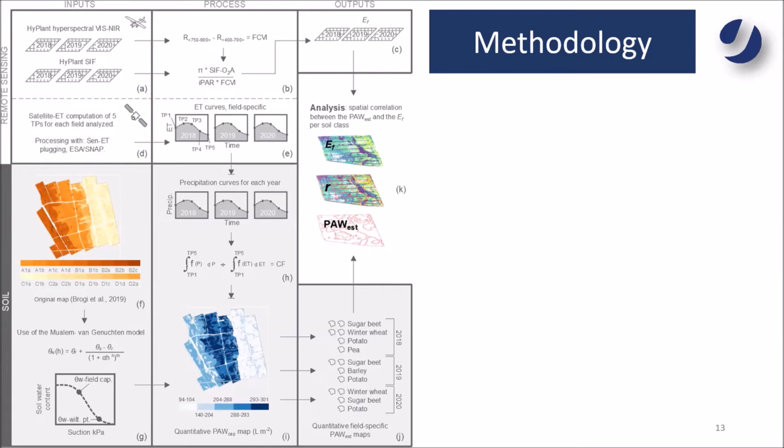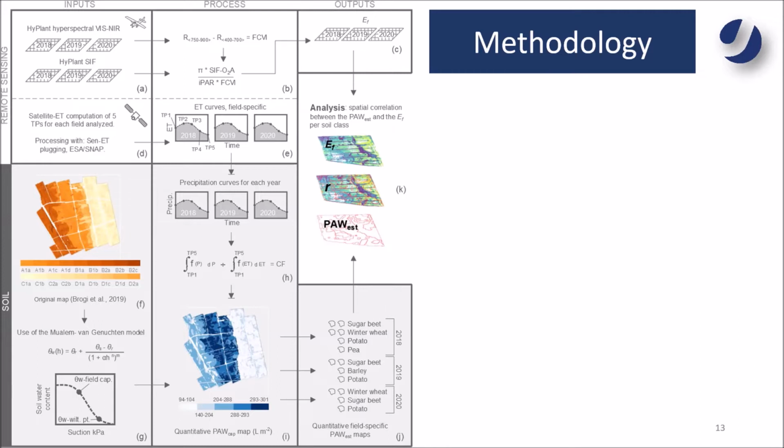I will not go into detail about what water retention curves are and how they were used to convert the descriptive map to the numerical one. But just keep in mind this term, water retention curves, and then we got the numerical information about water available for plants in each soil unit.